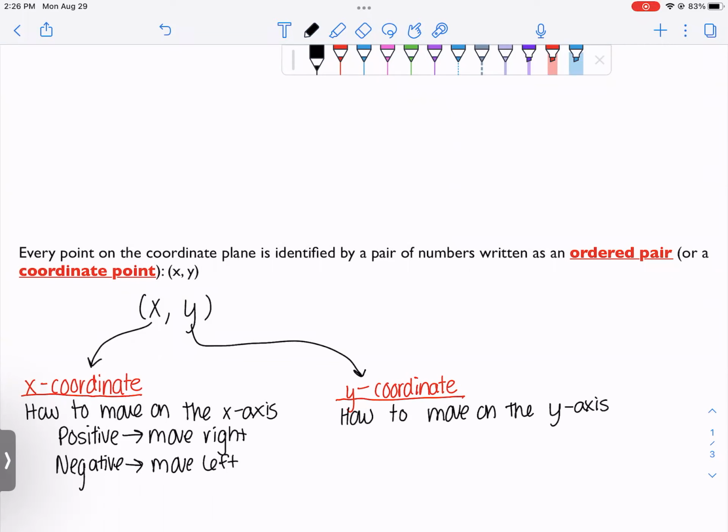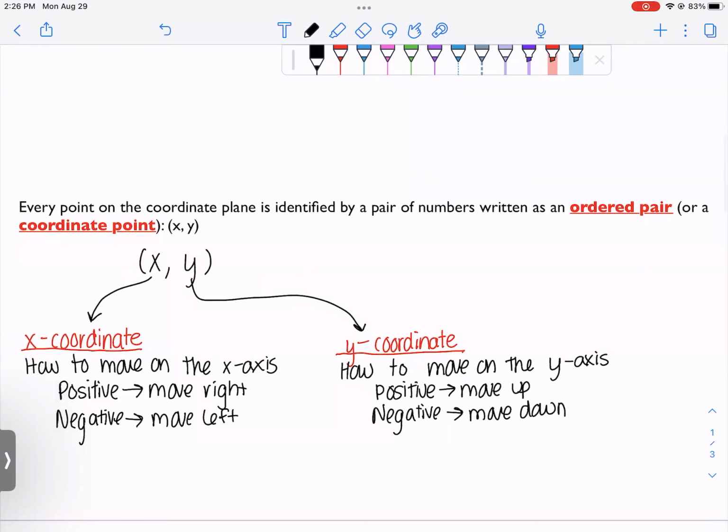So with the y coordinate, if you have a positive y coordinate, you move up. If you have a negative y coordinate, you're going to move down. So let's go ahead and practice that a little bit.